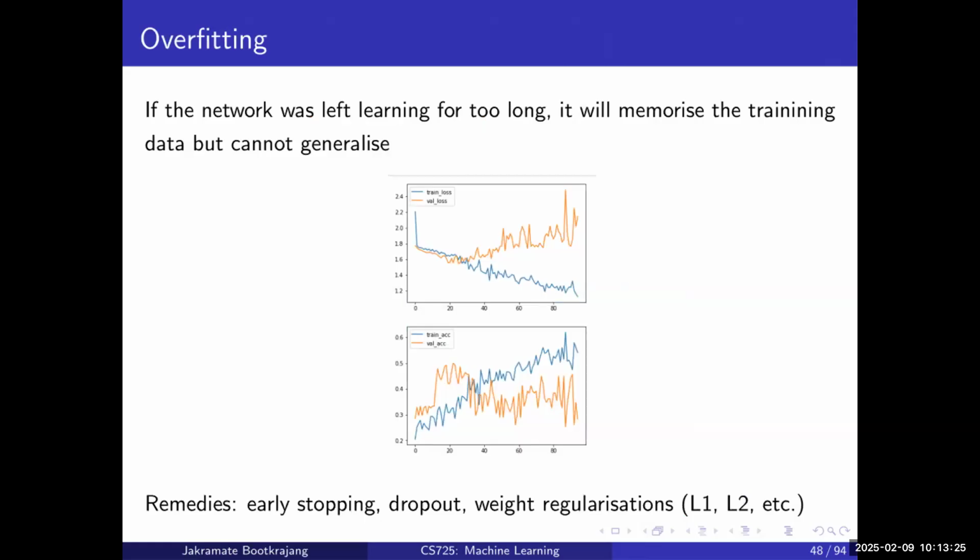Now, one thing about neural networks is that depending on the data you have, you want to avoid overfitting. If the network is left learning for too long, it will start memorizing the training data. So all the weights will be the memorization of what they have seen so far, and this cannot be generalized.